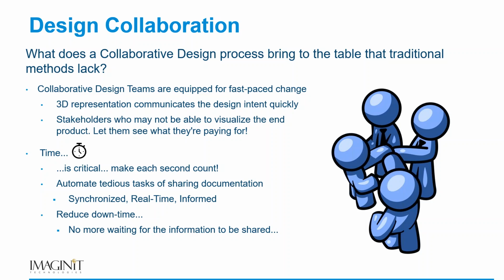So we're all in a singular environment where we have a common data environment, that digital twin, everybody in one place through the design process, which allows us to react as quickly as possible. And again, the stakeholders and the visualization: for the people who need to make a decision, we can give them that picture as quickly as possible.